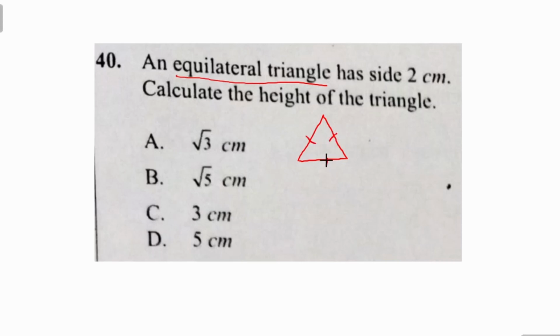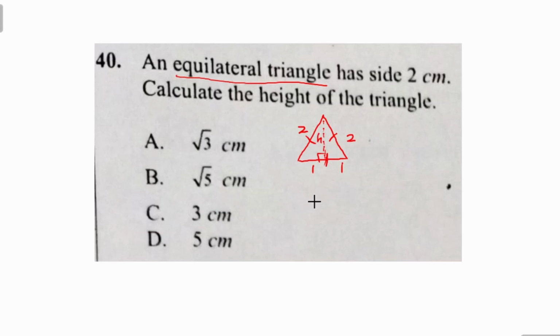So let's try to locate the height. This height bisects the top angle and also is perpendicular to the base of this triangle and bisects the base as well. So if this is 2 centimeters, this is 2 centimeters, this will be 1 and this will be 1, and let's call the height h.